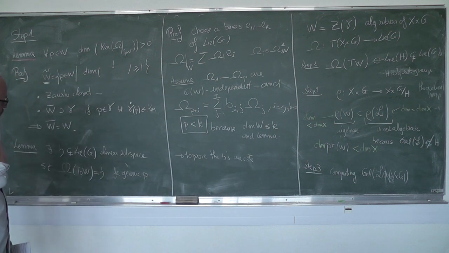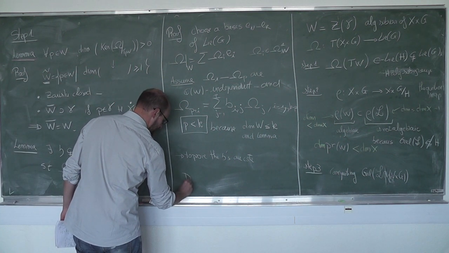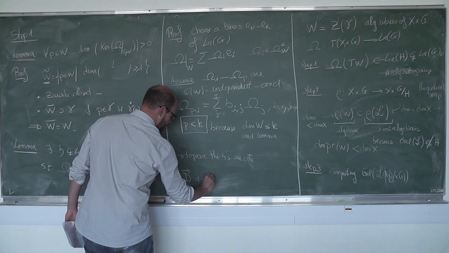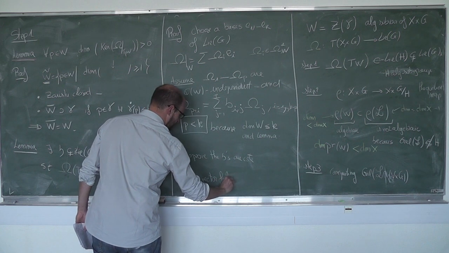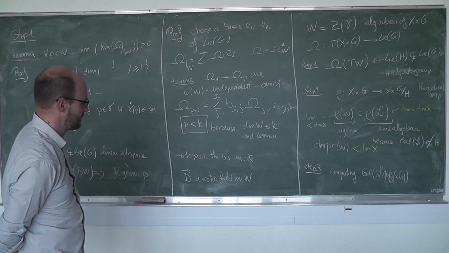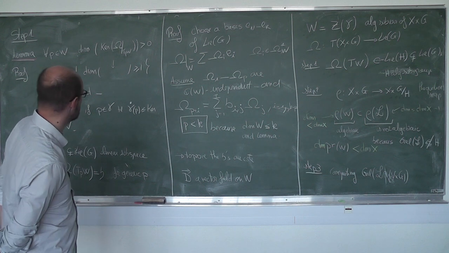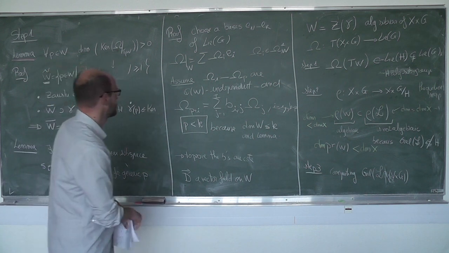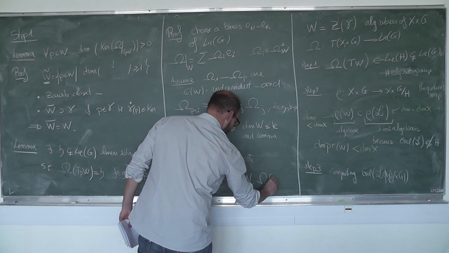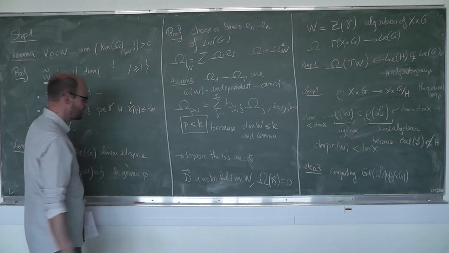So for this, you will choose a vector field on W. I will call it D, a vector field on W. You can think about a rational vector field on W if you want to be sure that it exists, taking value in the kernel such that omega of D is 0. Okay.